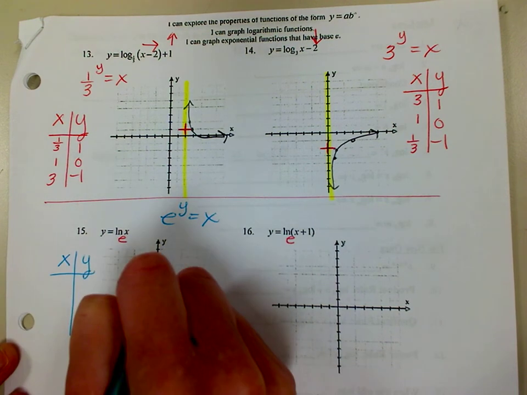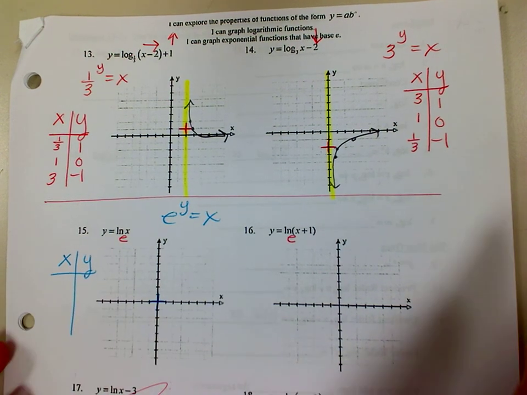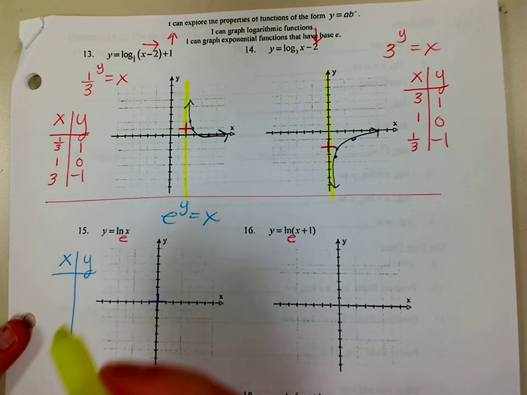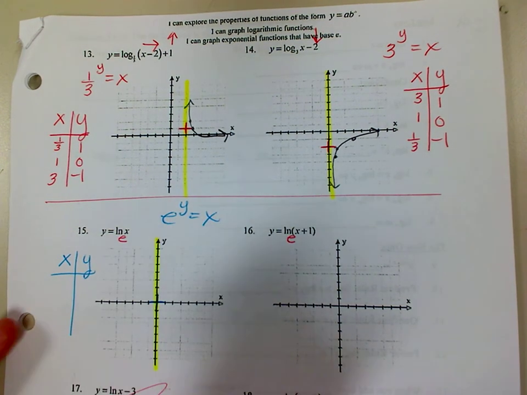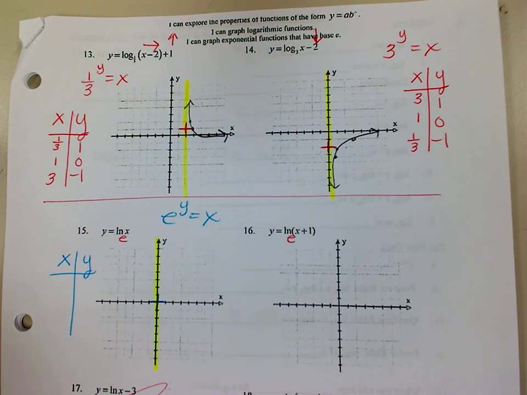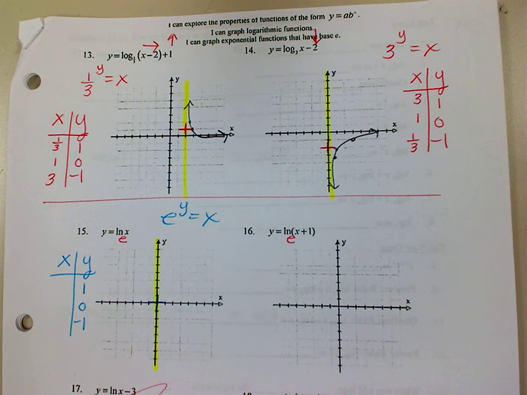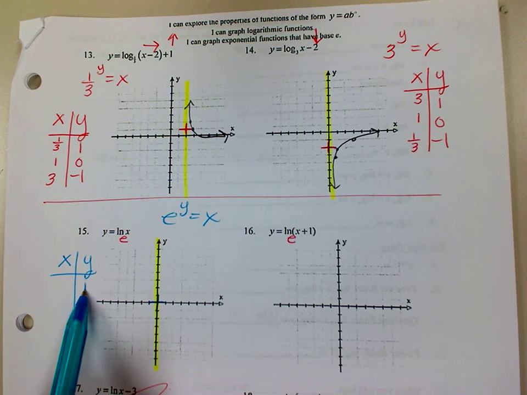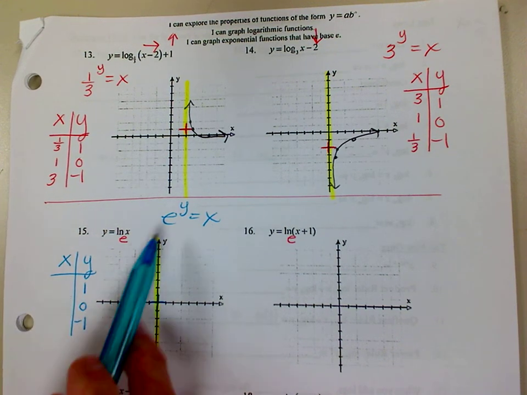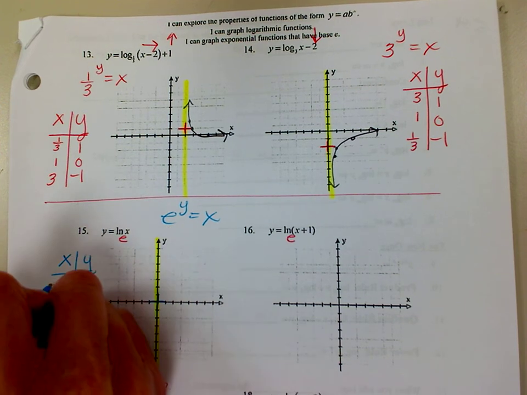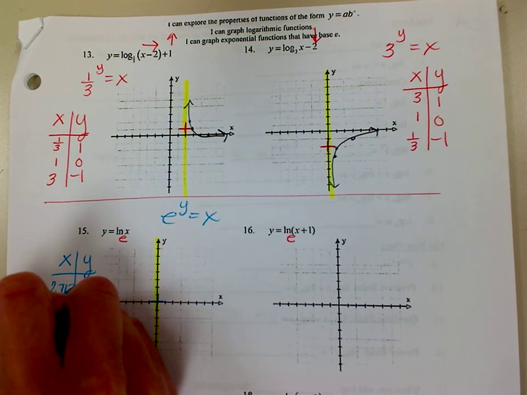Okay, my origin did not move. Since y is the exponent, I cannot cross the y-axis. Also, since y is the exponent, that's where 1, 0, -1 goes. Next to 1 is the base. Well, we learned that E is about 2.718.